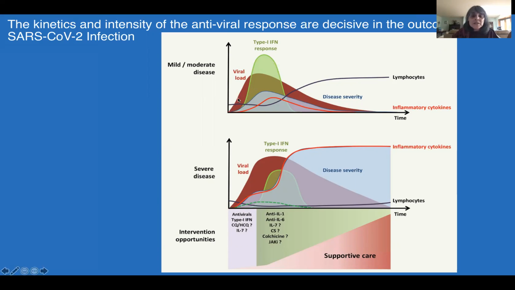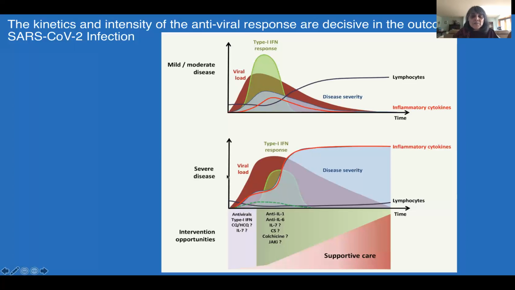And your inflammatory cytokines, which I'll come back and talk about in a minute, have their peak early in the infection, and then their concentration wanes. So in a normal situation, you have mild or moderate disease, you produce your type 1 interferons quickly, you also amplify the production of these lymphocytes, and so the disease wanes, in keeping with your cytokines waning.